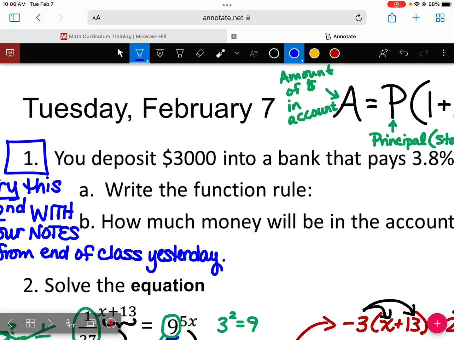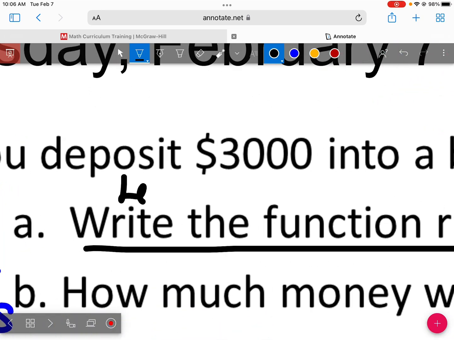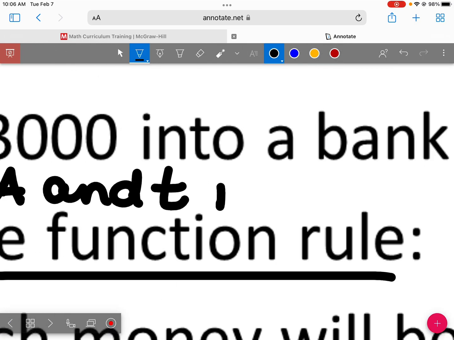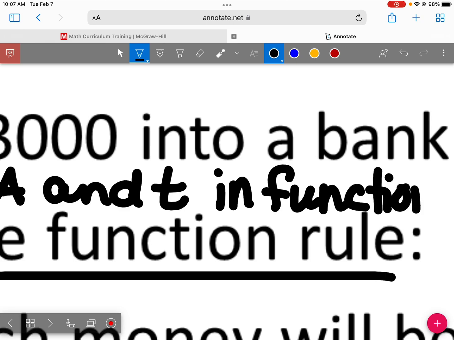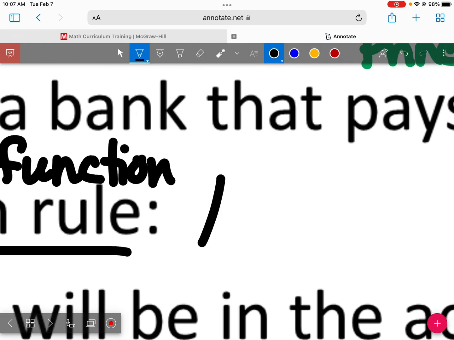All right, so let's try to substitute in to write our function rule. In a function rule, we will leave A and T in the function. We're not going to substitute in any values for A or T here. So I have A equals.